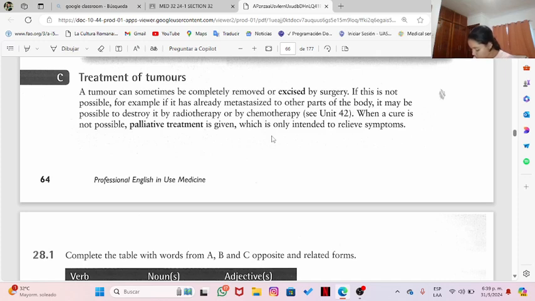See Unit 42. When a cure is not possible, palliative treatment is given, which is only intended to relieve symptoms.